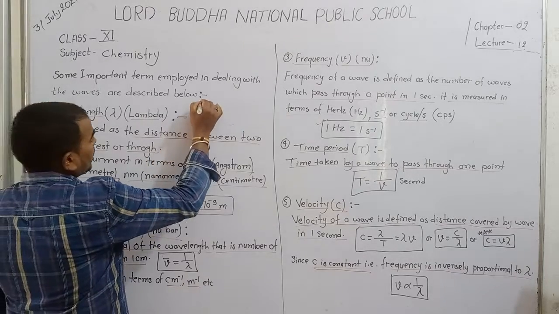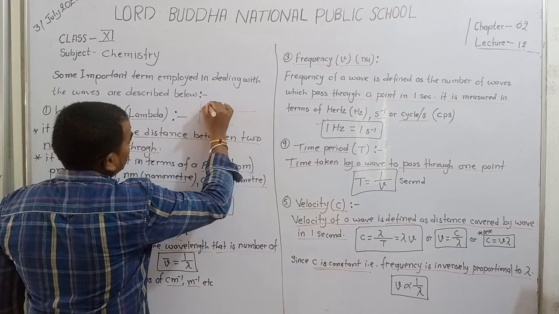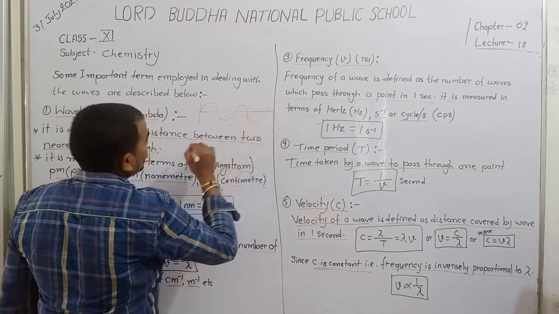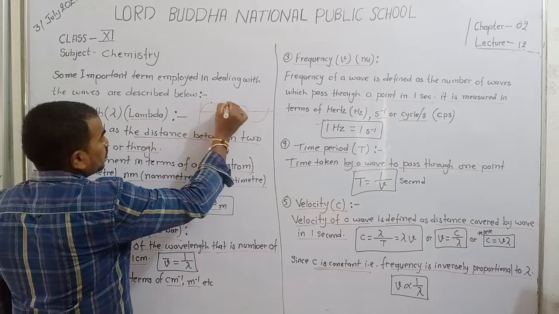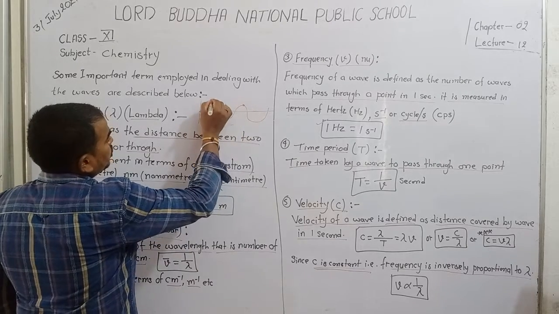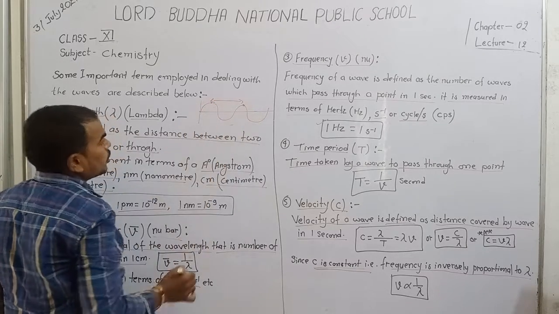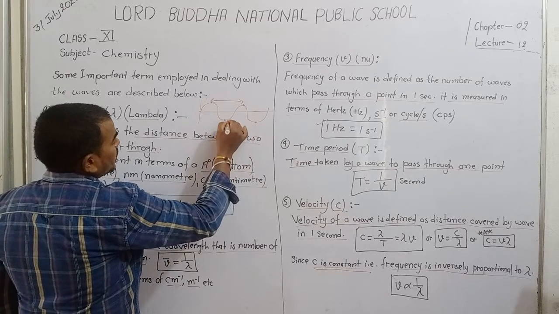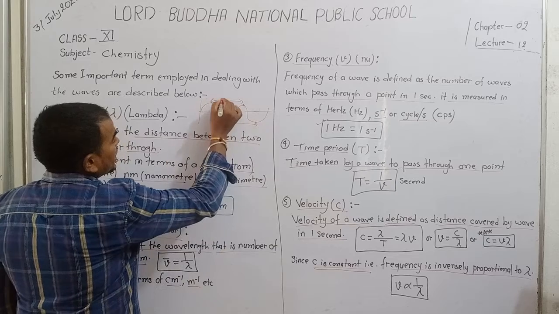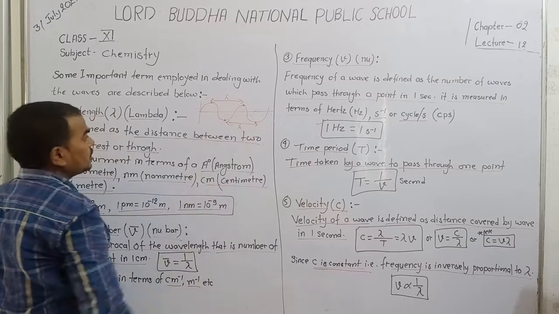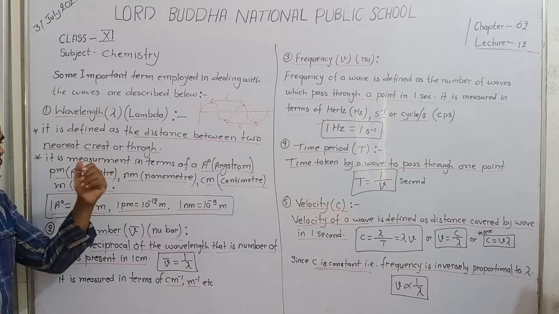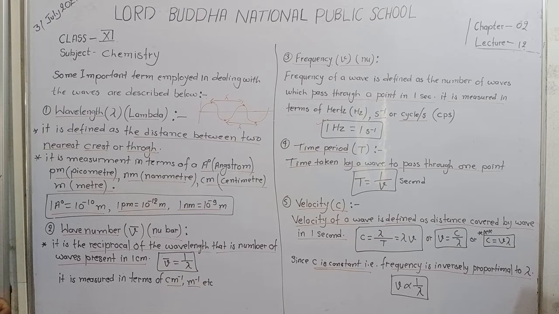For example, here are two crests, so the distance between these crests is known as lambda, or here are two troughs, the distance between these two troughs is known as lambda, that is wavelength. The distance between nearest crests or nearest troughs is known as wavelength.